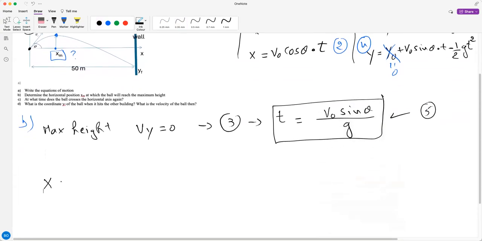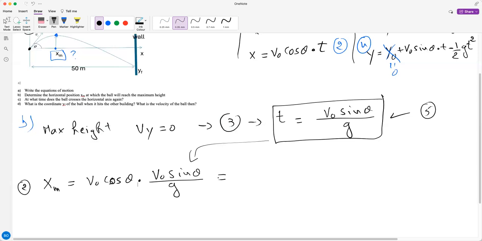So x, which is xm, is equal to v0 cosine theta, from equation 2, and then we replace the time by its value, v0 sine theta divided by g. This gives us v0 squared sine 2 theta divided by 2g.